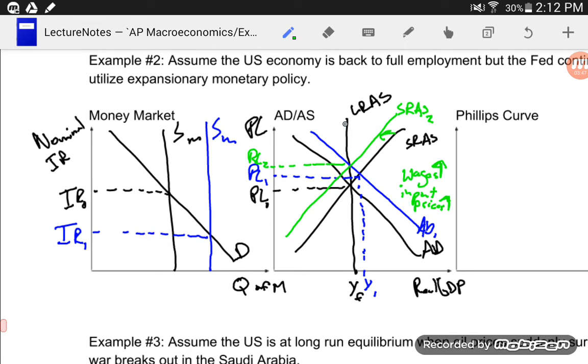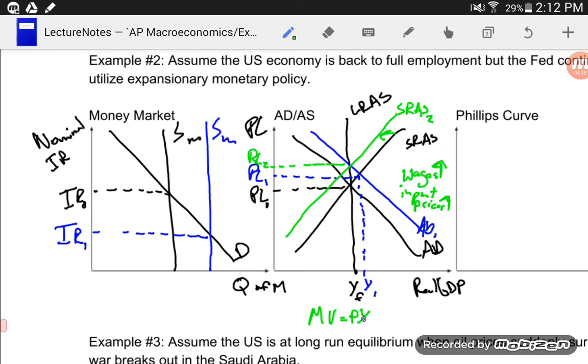Of course, if the Fed continues expansionary policy, we'll continue to have that effect. Demand will shift out, supply will shift back, and we don't get more production in the long run. All we get is higher prices, and that's why we get the equation MV equals PQ. That's in the long run. If we're at full employment and we can't increase Q, sorry, I think your book actually referred to it as PY.